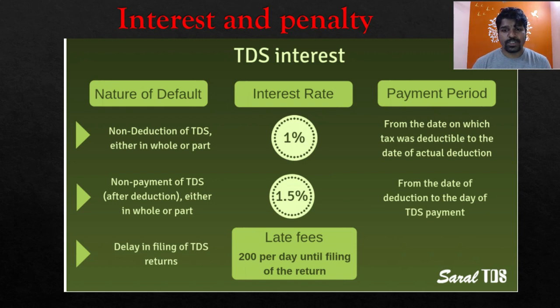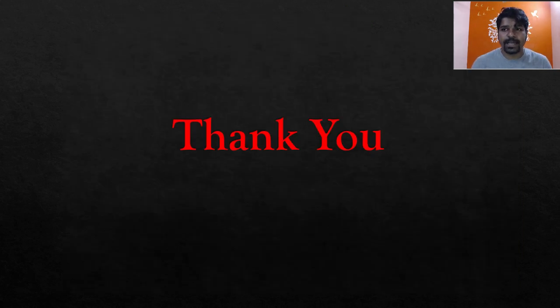In case you miss out, then you have to bear 1.5% interest rate. And the quarterly return you have to file, so third quarter you have to file by 31st January. Say suppose you miss out that and you are filing in February, then per day 200 rupees penalty will be there. So this is about interest and penalty.